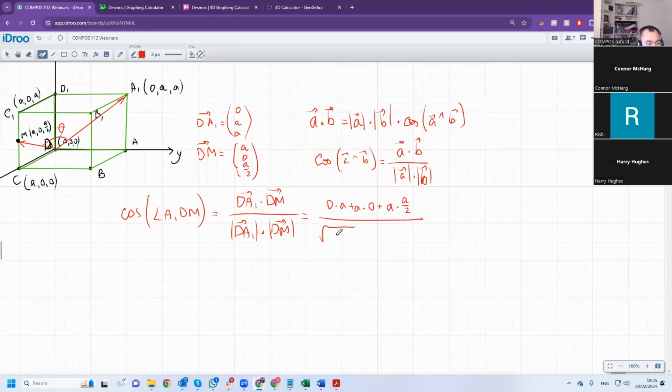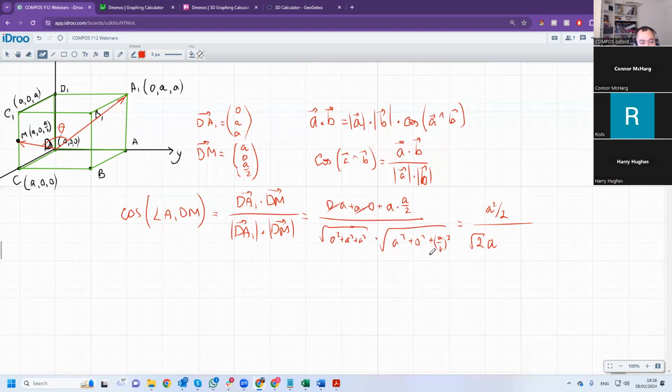This is the square root of 0 squared plus 0 squared plus A squared multiplied by the square root of A squared plus 0 squared plus A over 2 squared. So this is A squared over 2 divided by A, and this becomes A squared plus A squared over 4.